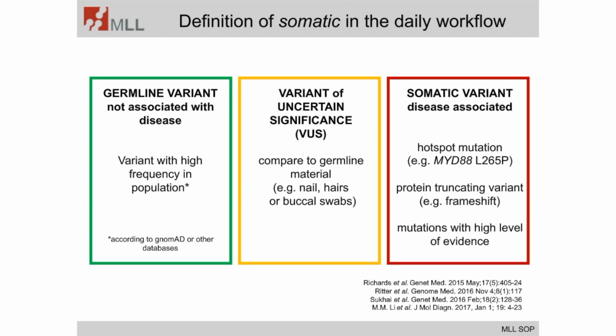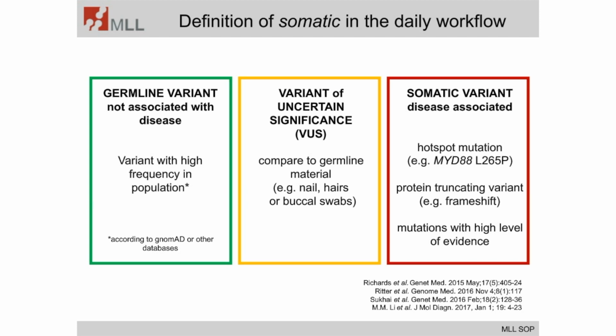Somatic variants are either known entity-specific hotspot mutations, protein truncating variants like frameshifts, splice site and nonsense mutations, or variants with a high evidence as outlined in the guidelines. If, based on the evidence we have, no safe call can be made, the mutation will be declared as a variant of unknown significance or variant of uncertain significance, VUS.